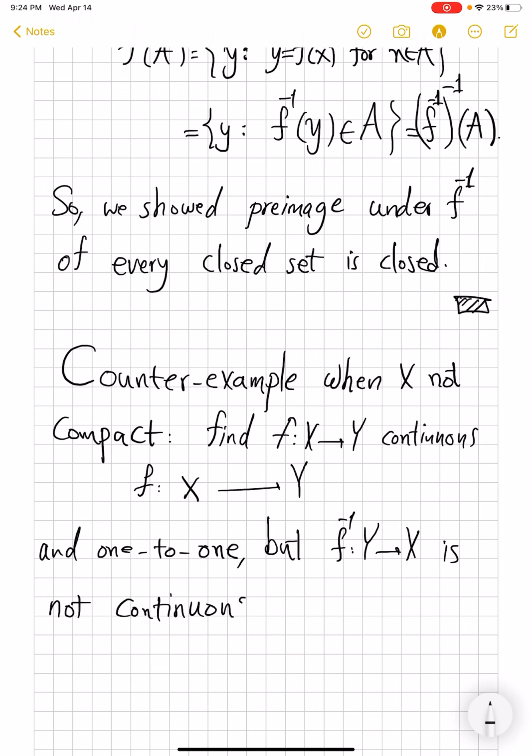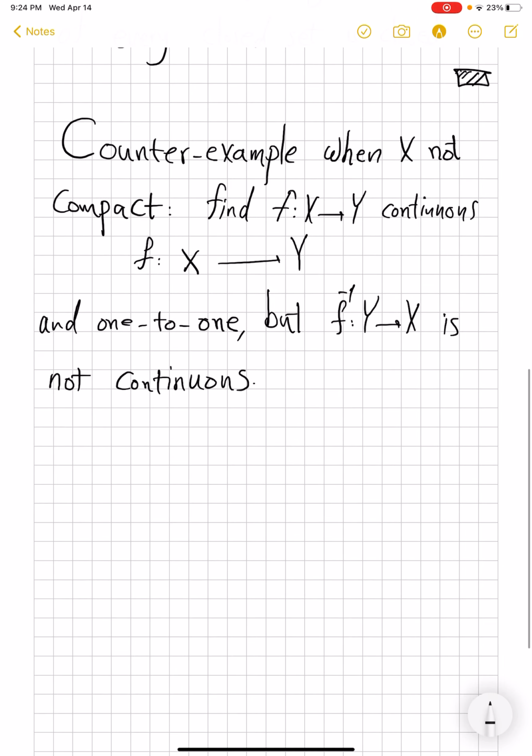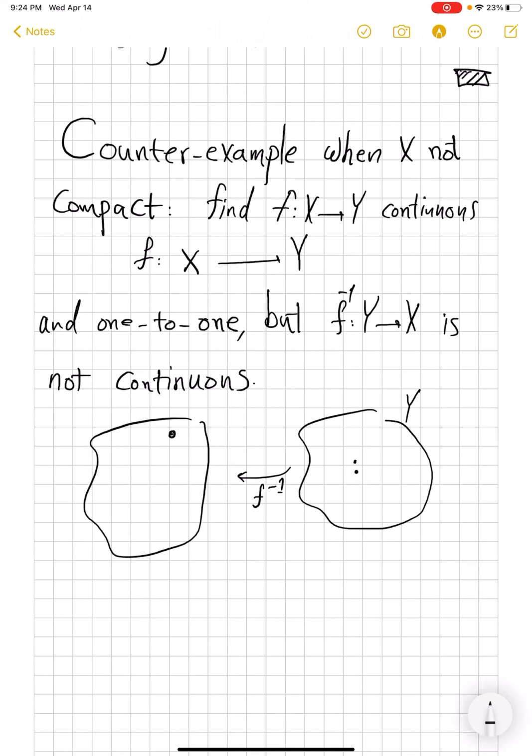So to find such a counterexample, we ask what does not being continuous for f inverse mean. This would mean that there are very nearby points in Y, so that f inverse maps them to faraway points in X. If we go backward this way, you have a, you have b, which are pretty far away, and then here you have x equal f of a and y equal f of b, which are pretty close.